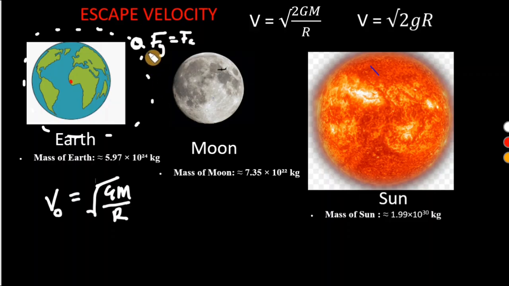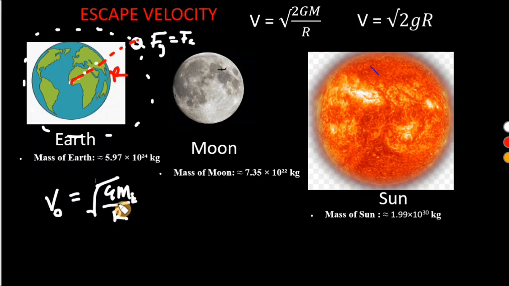That is the velocity with which this body revolves around the Earth. This is the mass of the Earth, and this is the radius from the center to the body in question. So we notice that the orbital speed is inversely related to the radius.